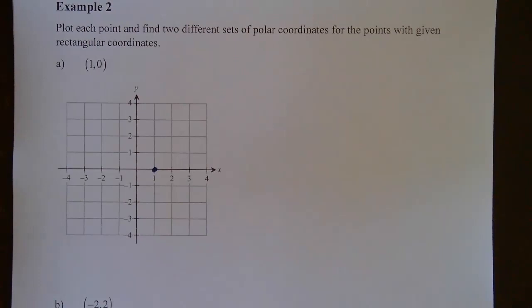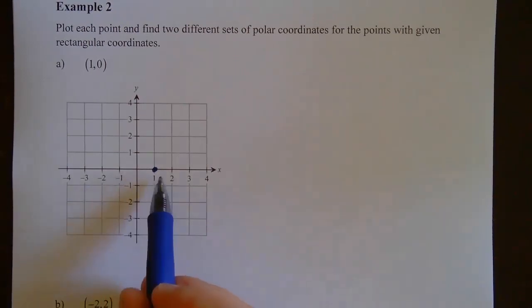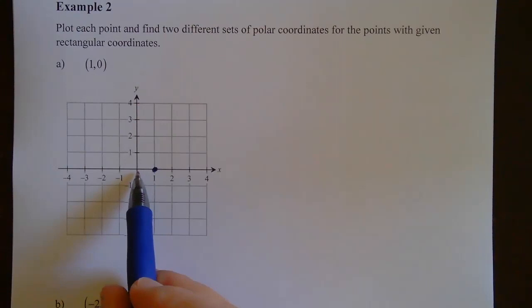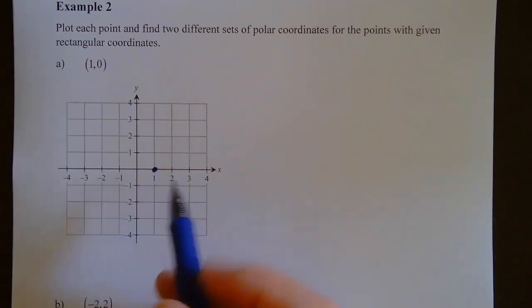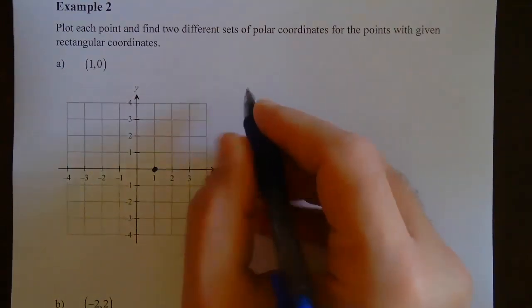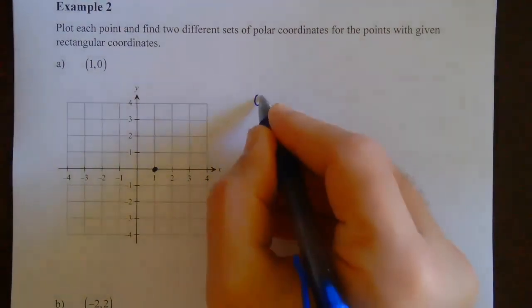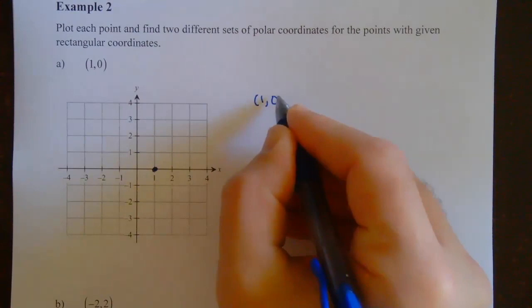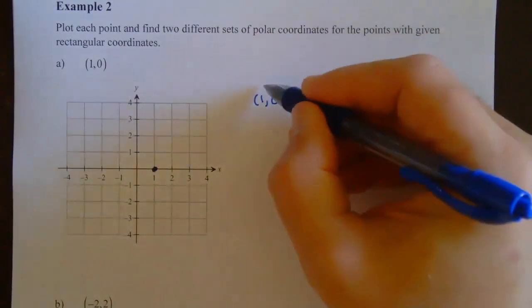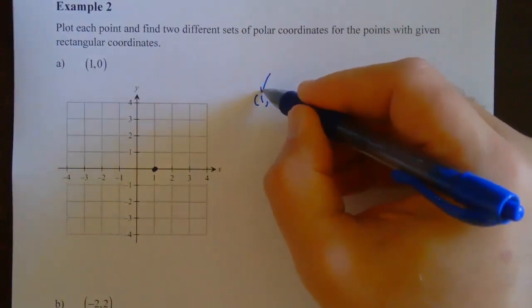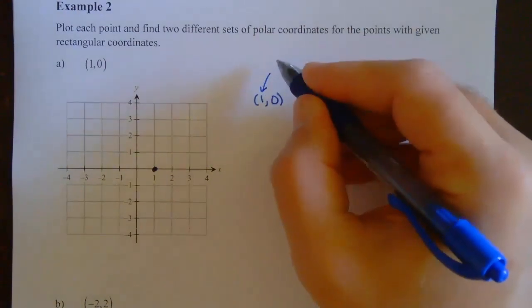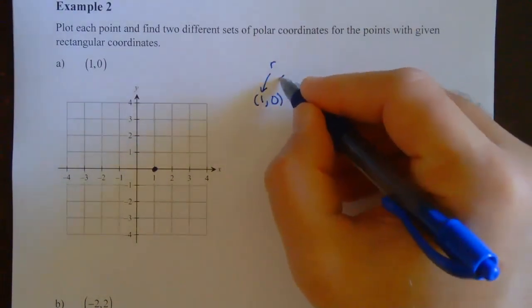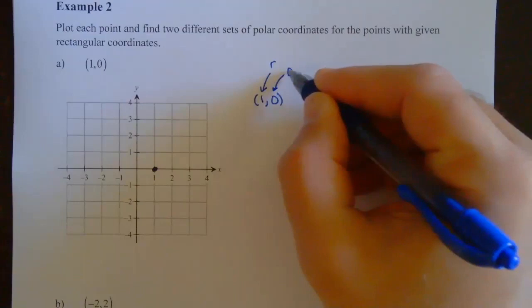What's one way we could do this? We could use a radius of 1, and an angle of 0. So we could write this as 1, comma, 0. That's my r, and my theta is 0.